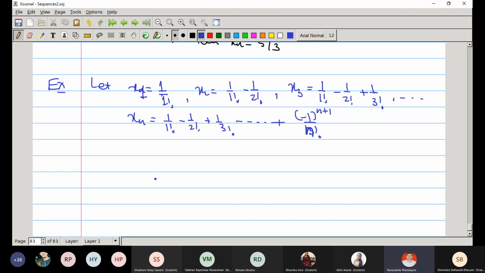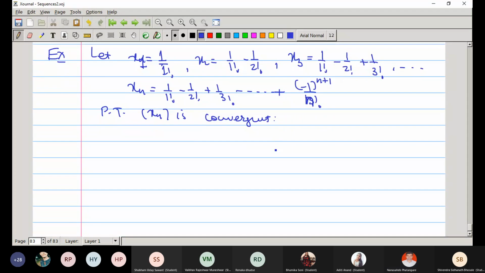Now I want to check whether it is a Cauchy sequence or not, right? Through that, I can decide whether xn is convergent. So how to prove that xn is convergent?